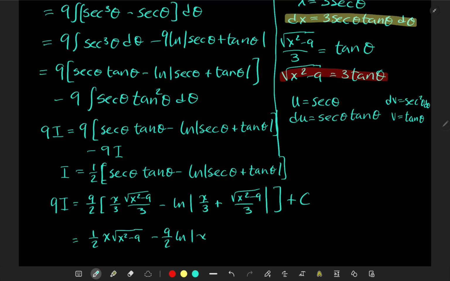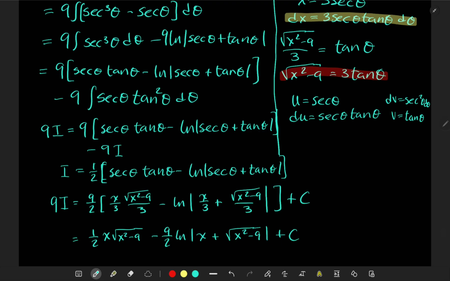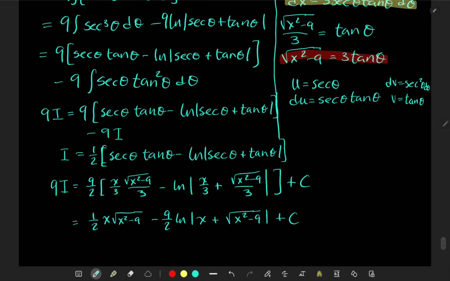So what that allows me to do is just get rid of that denominator by incorporating it into the c. If you didn't like that, you don't have to do that. So that's just to make it look a little bit pretty. And that gives us our answer right there.